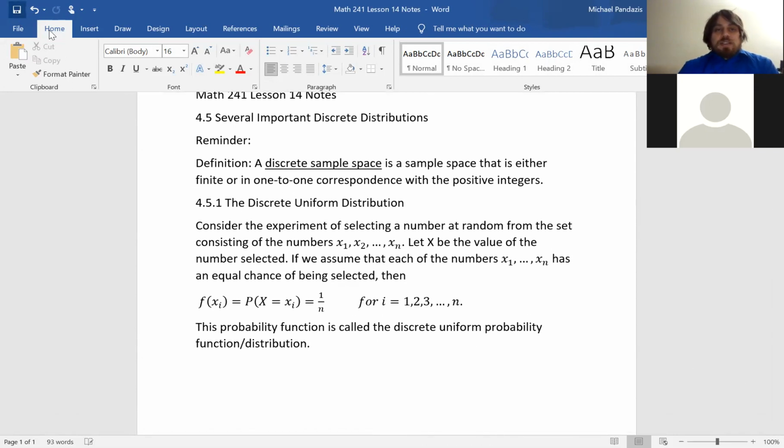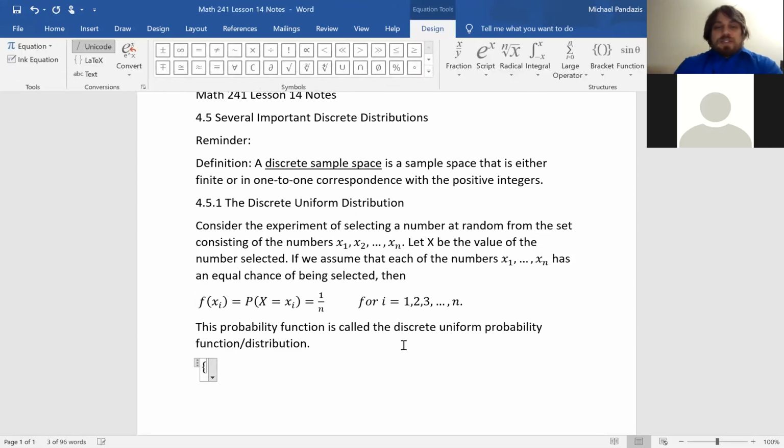Okay, so I'll read it out loud. Consider the experiment of selecting a number at random from the set consisting of the numbers x1 to xn. Okay, so you have a set containing x1, x2, x3, x4, x5, dot, dot, dot, x n minus 1, xn.